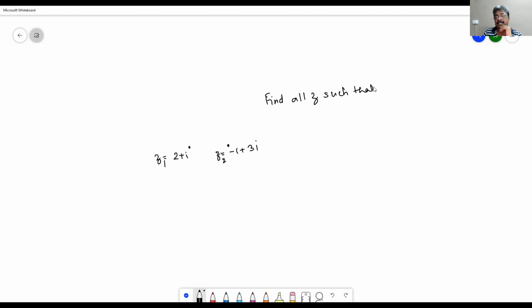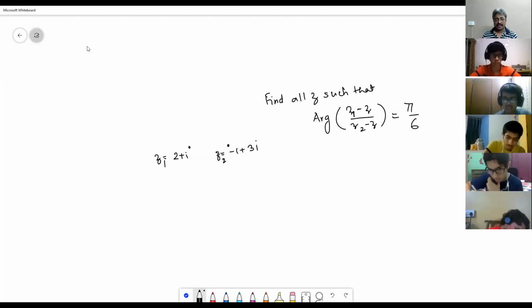Find all z's in this plane such that argument of Z1 minus Z upon Z2 minus Z is equal to pi by 6. Okay, that is the question. Find all z's in this Argand plane such that argument of Z1 minus Z upon Z2 minus Z is pi by 6.